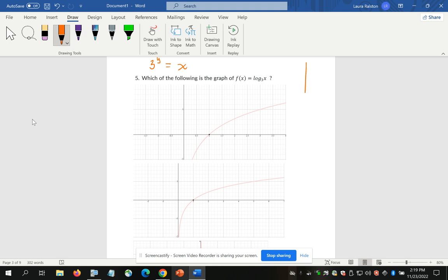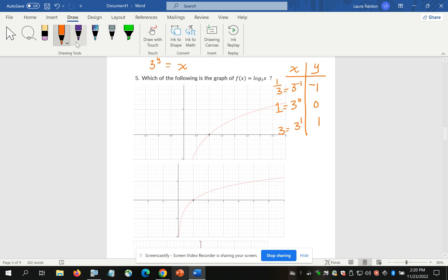So it's almost easier in this problem to work kind of backwards, and instead of selecting your x's, select your y's. Okay, so 3 to the first would be 3. 3 to the 0 would be 1. 3 to the -1 would be 1/3. Again, you're working backwards because it's a logarithm.